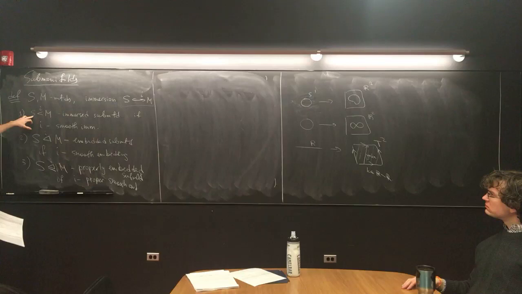Okay, so the smooth structures that you can induce by quotienting M also agree with the ones that you have on N. But that's not going to be super important to us. They are submanifolds, right? We had the submersion rank level set theorem.